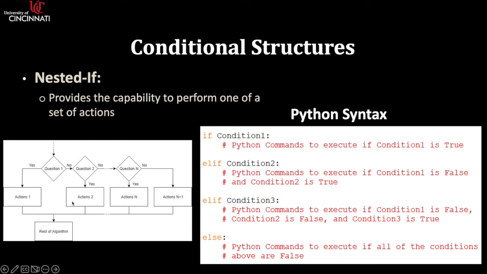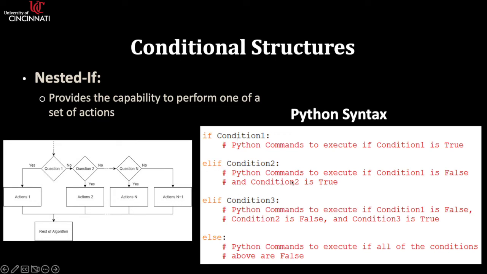The Python syntax for this is to start with an if statement and the first condition, followed by a colon and then the commands under that. And then the rest of the conditions are used with elif. This is a keyword elif, which basically means else if. So if this is not true, then else if, try these other conditions.